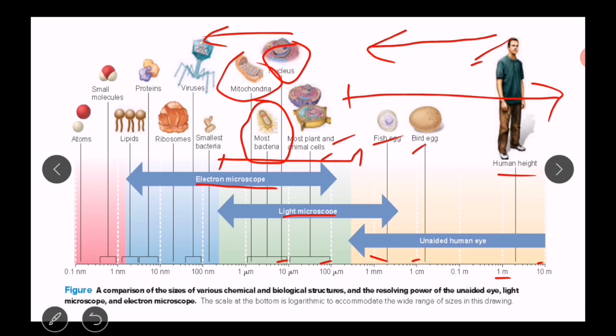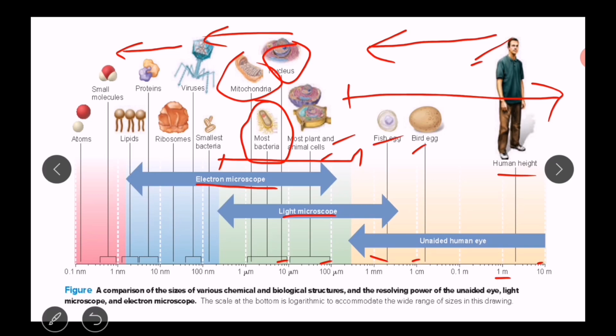Further smaller if you want to see, you require a new type of device called electron microscope. Now I will show you the diagram later in the upcoming slides. They are called what? Electron microscope. More smaller if you want to see, what are the things we can see with the electron microscopes?